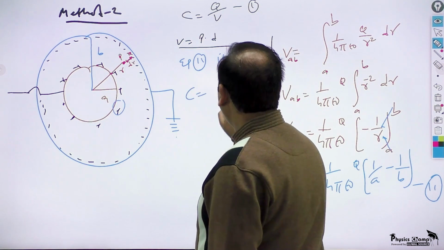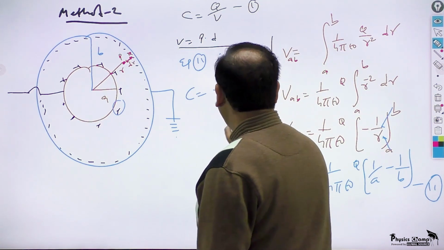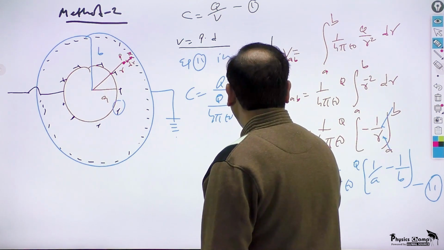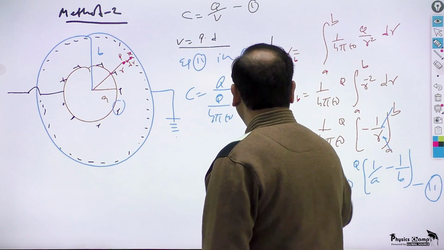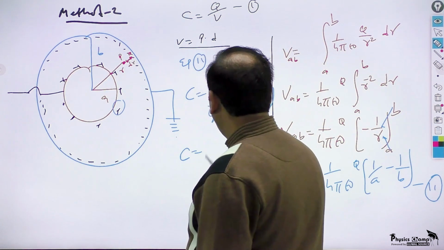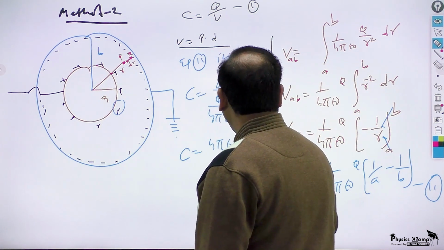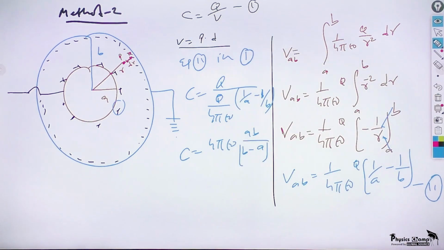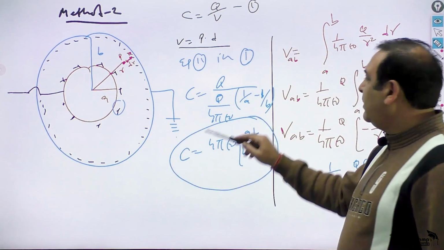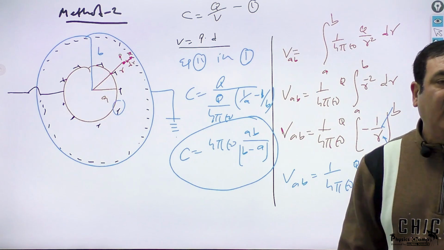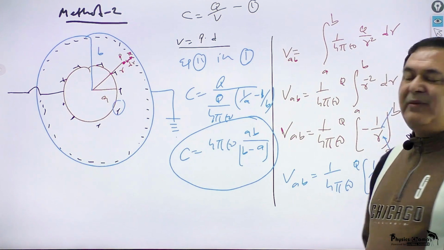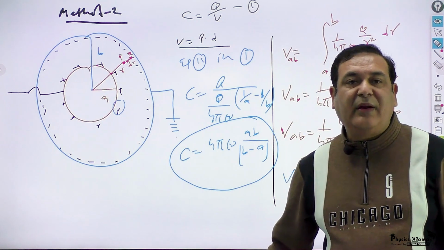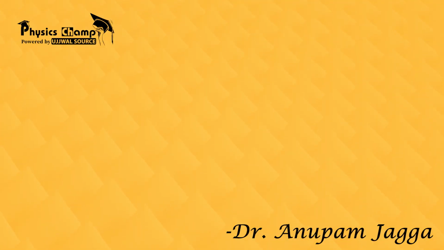We are getting capacitance as q by 4 pi epsilon naught into 1 by A minus 1 by B, and as a result we will be getting 4 pi epsilon naught AB by B minus A. So it is the same result, just the method was different. This time we have used integration here to find this potential difference between inner shell and outer shell.